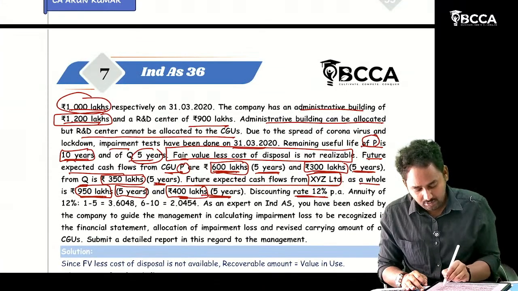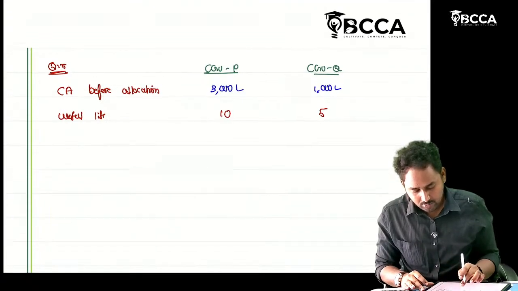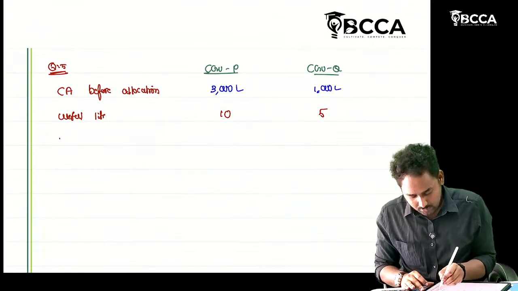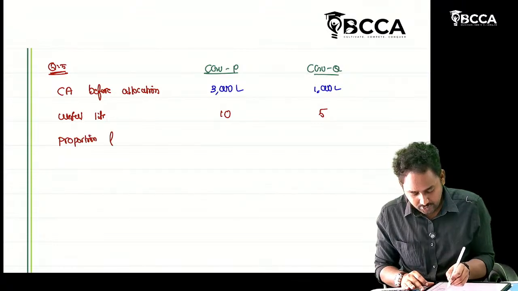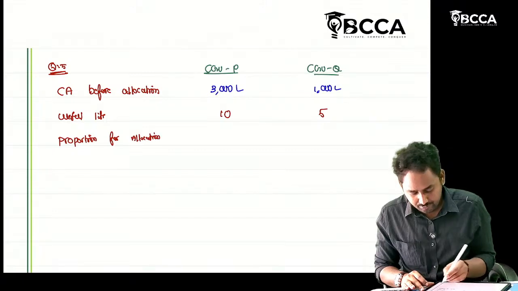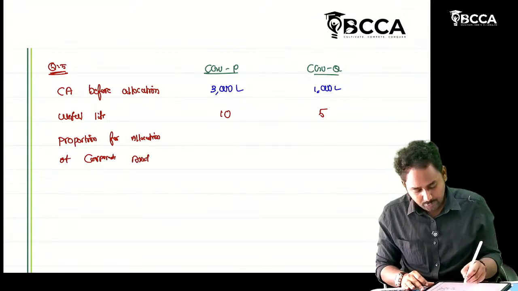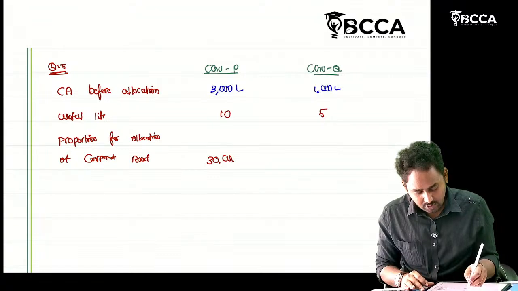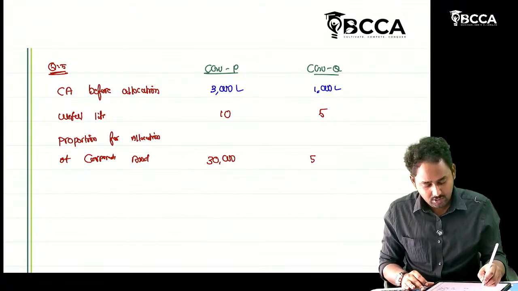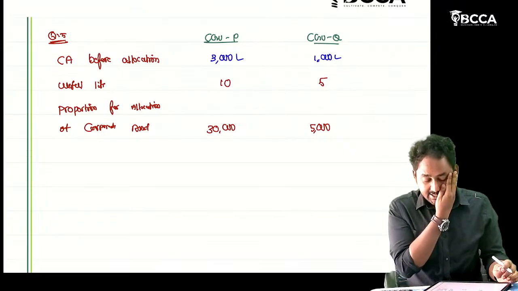P 10 and Q 5. And what do I need to get? What is the proportion for allocation of the corporate asset? It is 30,000 and 5,000. I can write it as 6:1.